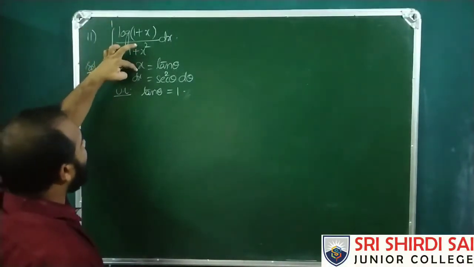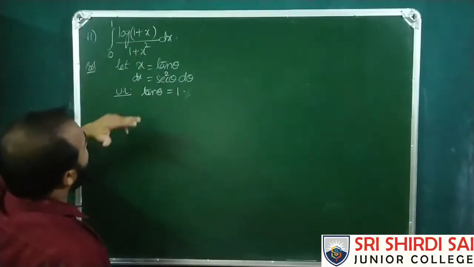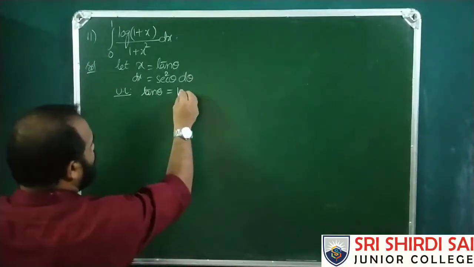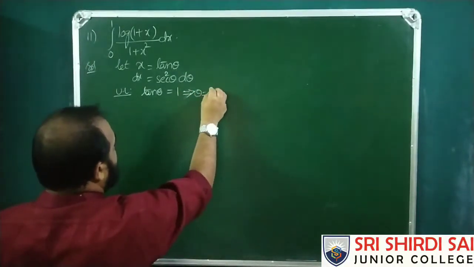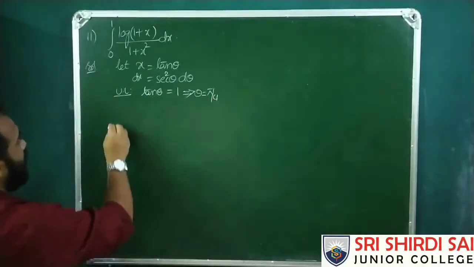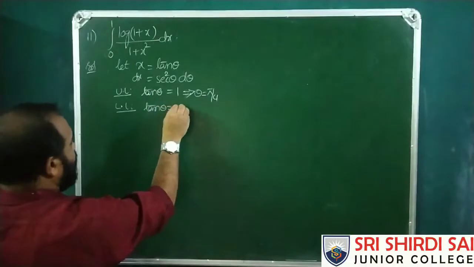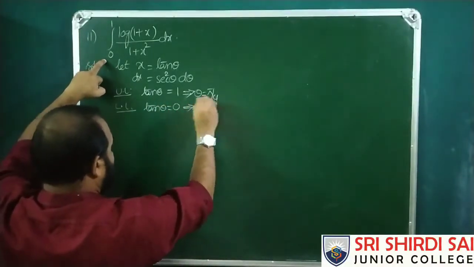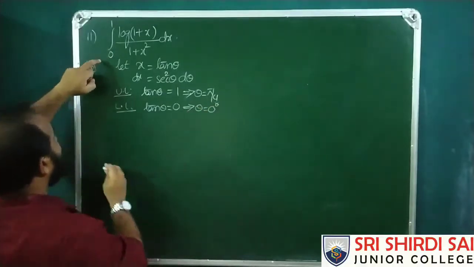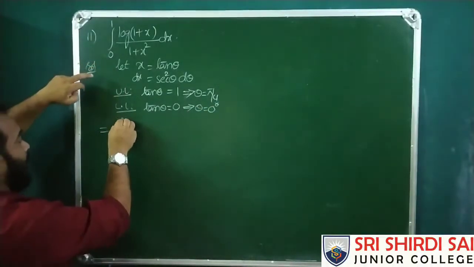This x we are trying to change in terms of theta, therefore for theta we have to evaluate the limits also. If tan theta is equal to 1, theta is equal to pi by 4. Lower limit: tan theta is equal to 0, then theta equals 0. So 0 to 1 is changed into 0 to pi by 4.